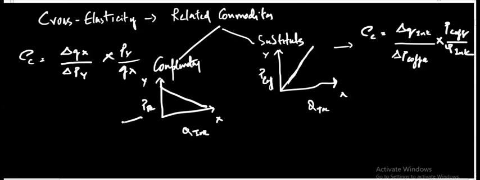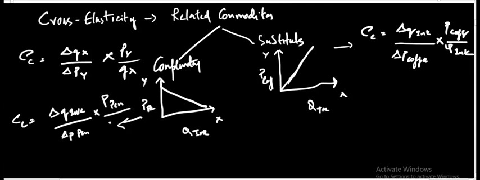Now in case of the complementary goods, cross elasticity will be equal to change in quantity of ink by the change in price of pen, into price of pen divided by quantity of ink. So this is the way how we actually calculate the cross elasticity. So we know that in case of substitutes there will be a positive elasticity, whereas in case of complementary goods there will be a negative elasticity.